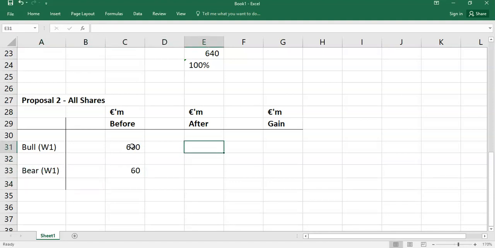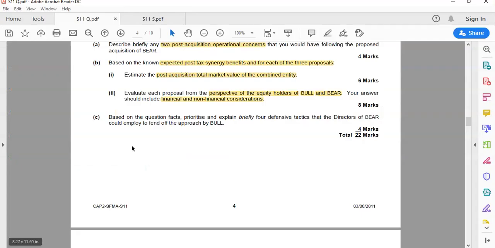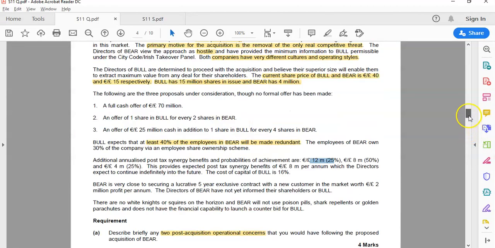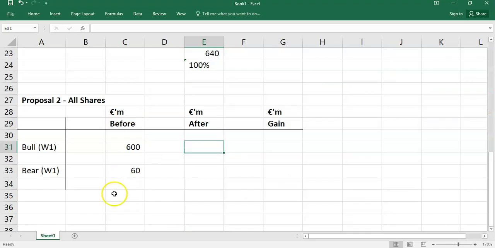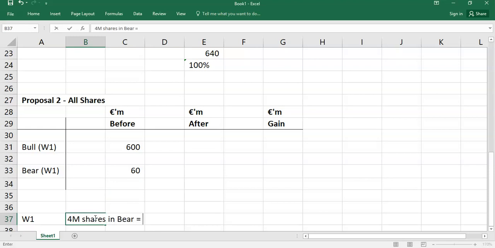After now, well, that's a bit trickier because what you're told in proposal 2 is it is a 1-for-2 share transaction. So for every 2 shares in the target, and they have 4 million shares, they get 1 share in bull. So you're working one here. 4 million shares in bear will equal 2 million new shares in bull.